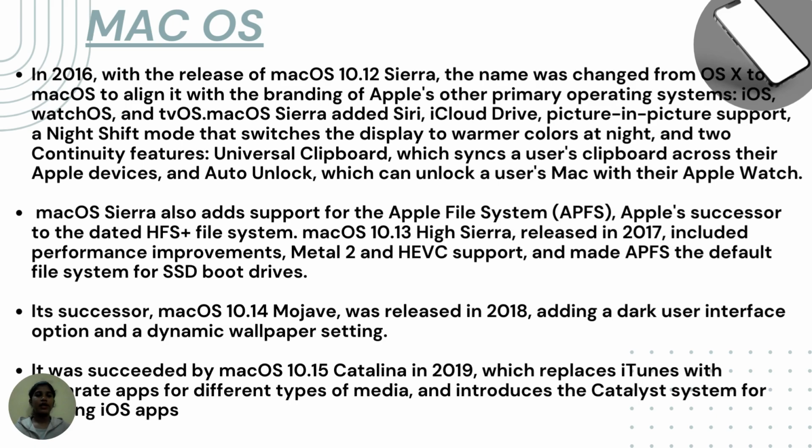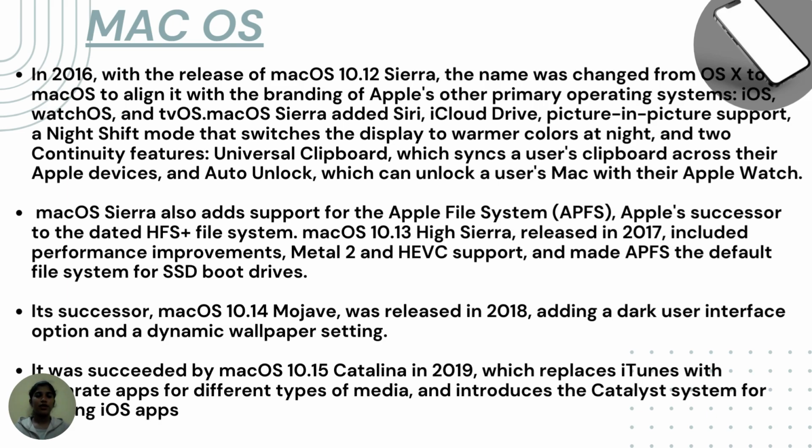Mac OS. In 2016, with the release of Mac OS 10.12 Sierra, the name was changed from OS X to Mac OS to align it with the branding of Apple's other primary operating systems, iOS, watchOS, and tvOS.